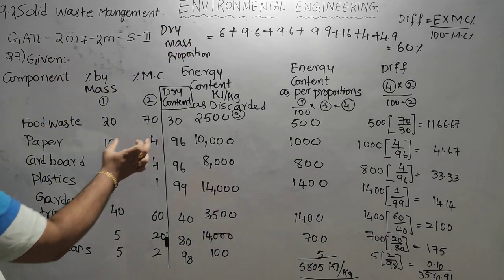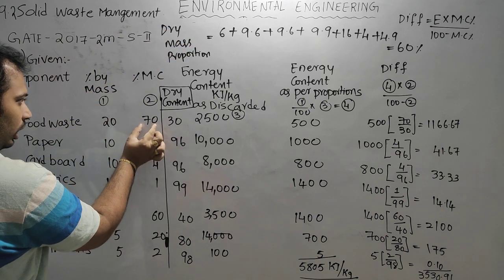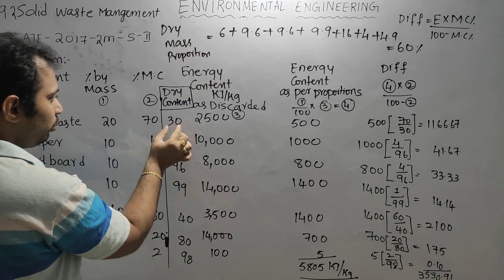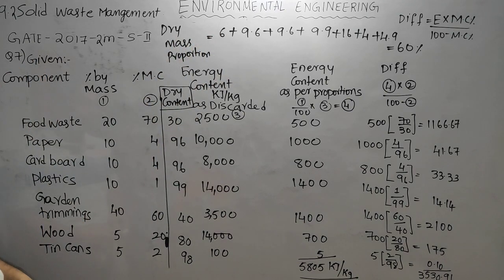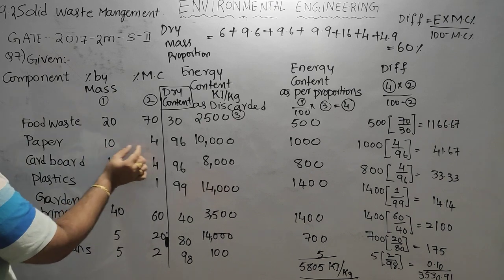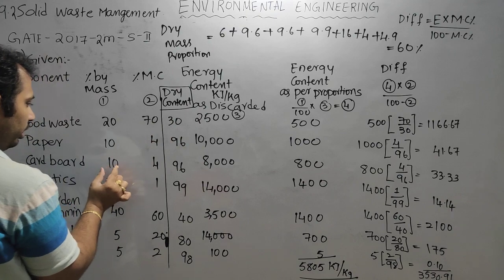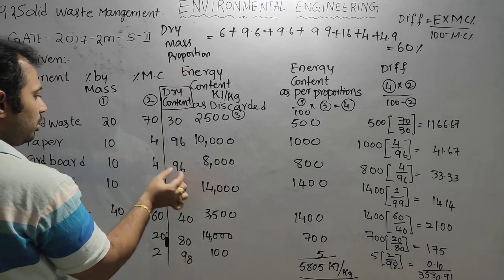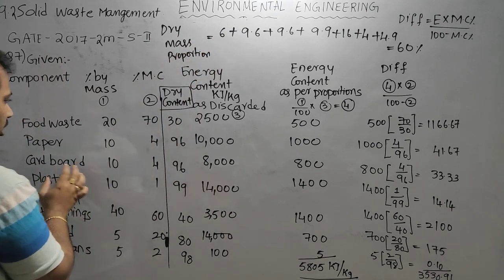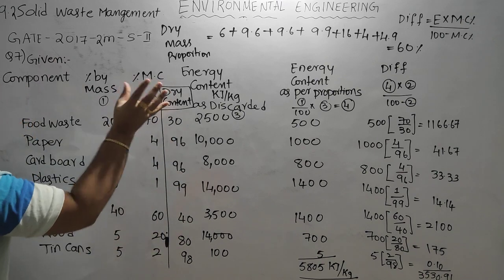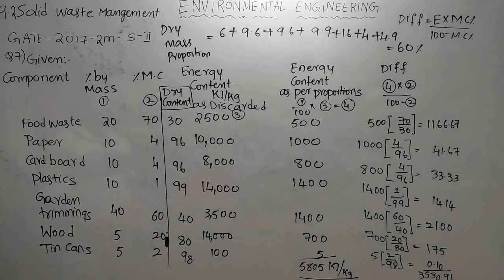That means from the 100%, 20% of moisture and 20% of the food is going. Similarly, 10% of moisture and 10% of dry content of cardboard is going. Like that, every material is going in only that proportion out of the 100%.